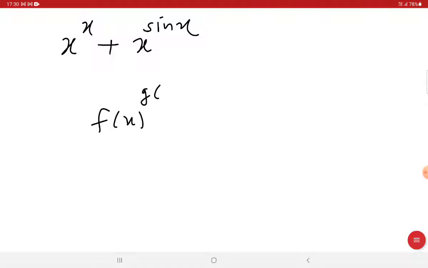Next example. Find the derivative of x raised to x plus x raised to sin x. See here, the function is a sum of terms of the form f of x raised to g of x.